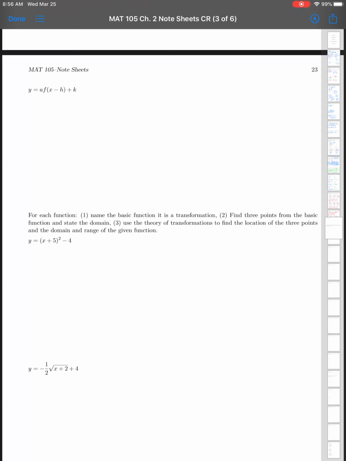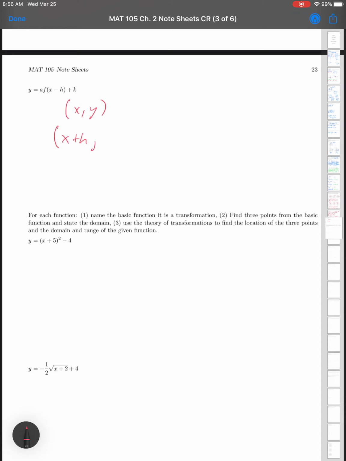Okay, so if we do that, what we want to know is, from a formula that looks like this, what happens if I have an ordered pair of the formula, so let's just call it x comma y. So we know the h moves the graph left or right. So changing the h is going to affect the x. So the x coordinate is going to become x plus h.